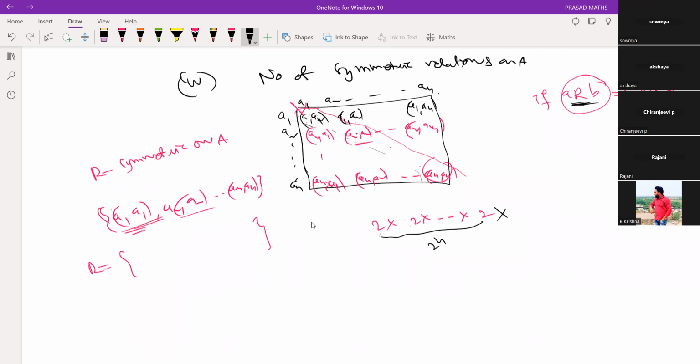See, non-diagonals are n square minus n.